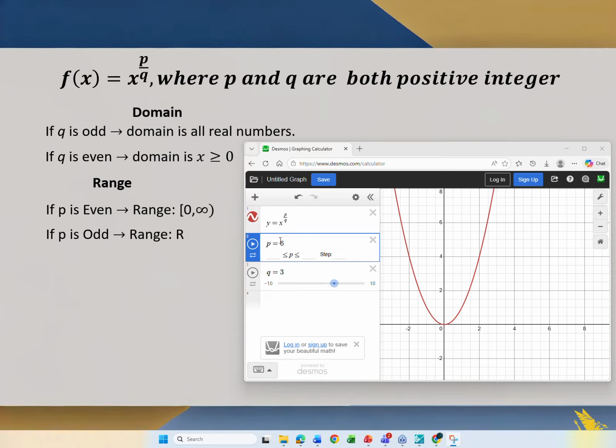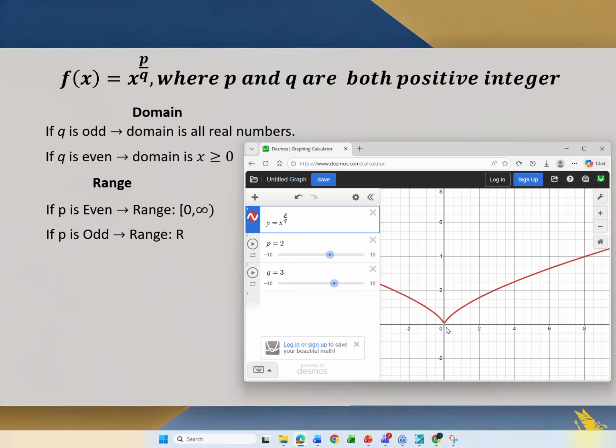If I change this to p being 2, again, 2 is even, and straight away I can see that it's starting at 0 and going all the way through to infinity. I can put 4 and it's going to be the same. So it's just being mindful that there is some relationship between both of these that we do need to use.